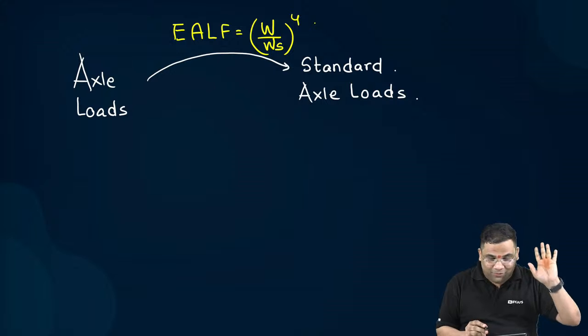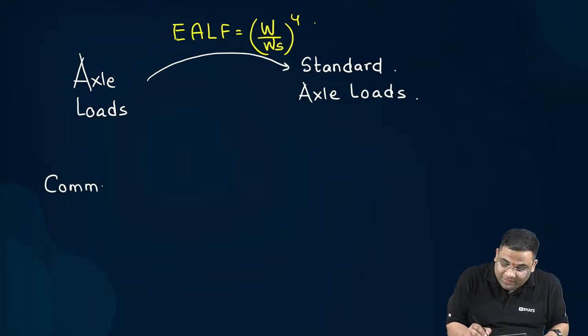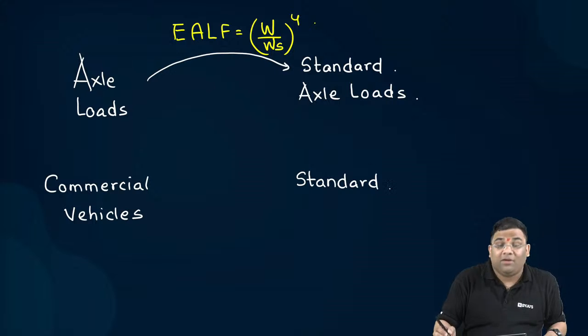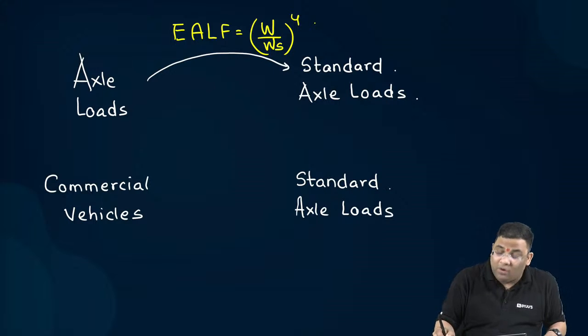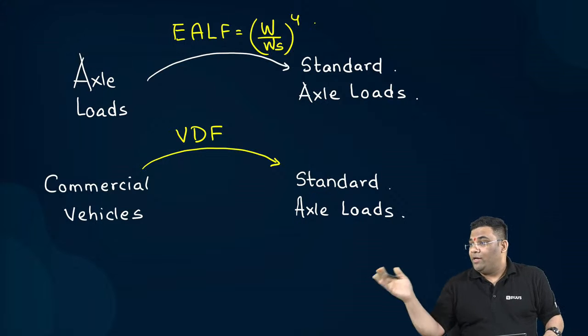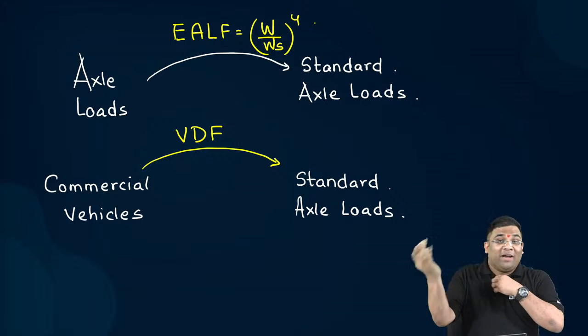But if I want to convert commercial vehicles into standard axle loads, then I will use the vehicle damage factor. Many students have answered correctly. Now it is clear what EALF is and what vehicle damage factor is.